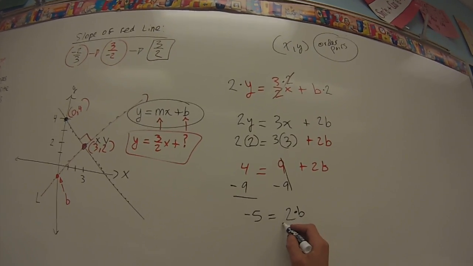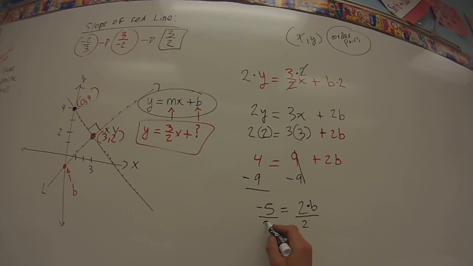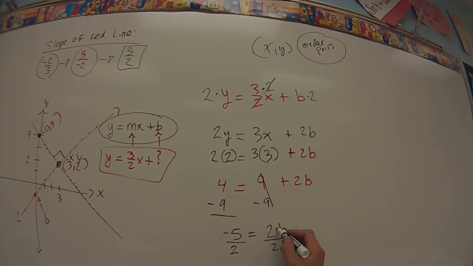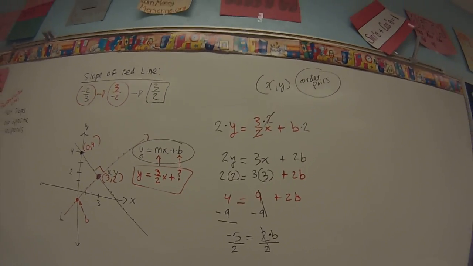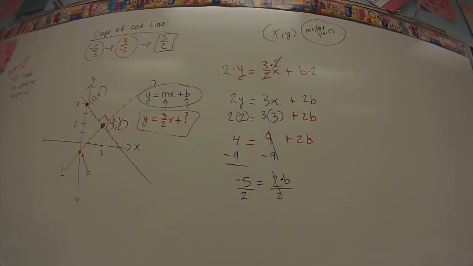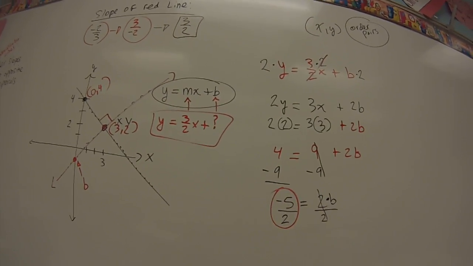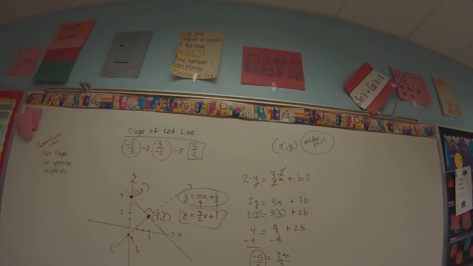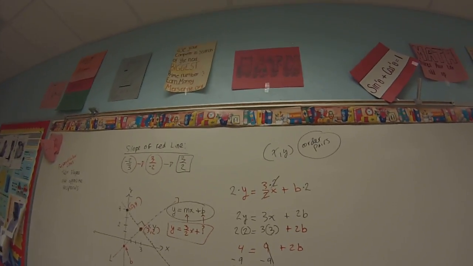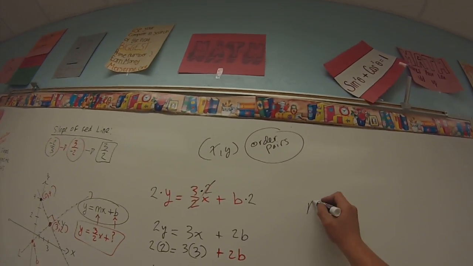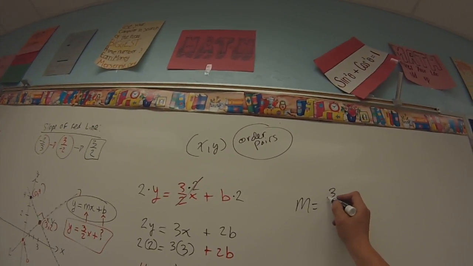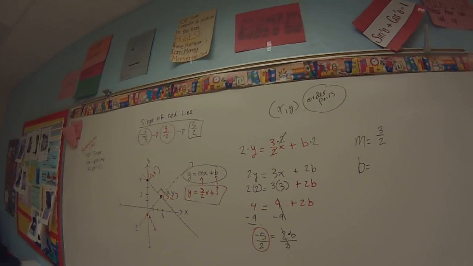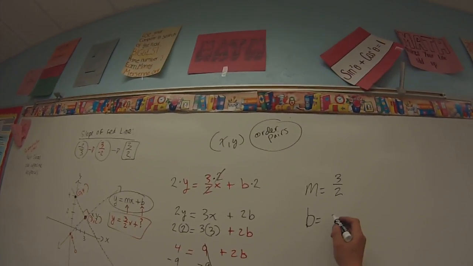Divide by the coefficient. Remember, coefficients are always those numbers next to the variables. This is being multiplied here, so that cancels out. And my little b is this. That's my little b, negative 5 over 2. And I have found the equation of the red line because I know the m. The m was the slope, which was 3/2. And the little b is the y-intercept, which we just found right now, negative 5/2.